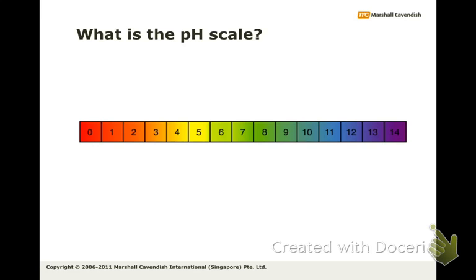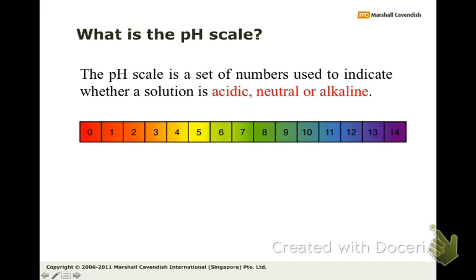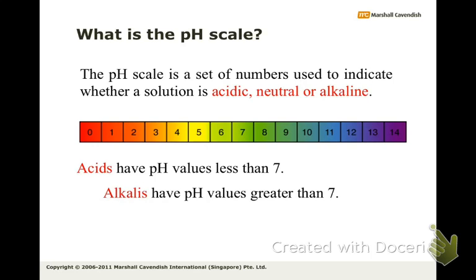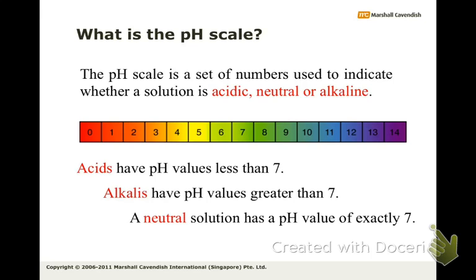Now, the pH scale lies in the range of 0 to 14, and it can tell you whether a solution is acidic, neutral, or alkaline. Acids have pH values of less than 7, and alkalis will have pH values of greater than 7. So your neutral solution will only have a pH of exactly 7.